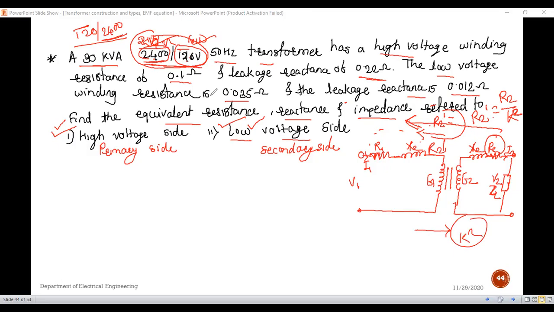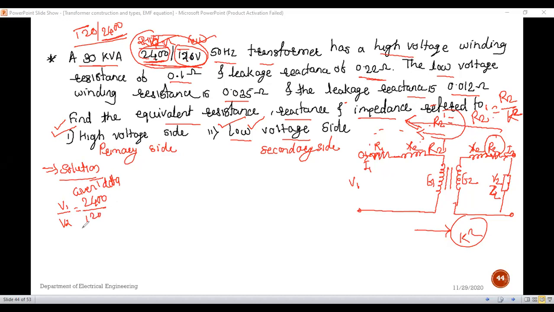Okay, see, for that we will solve this. We will write the given data. We are writing here given data. The transformation ratio or voltage ratio is given. V1 divided by V2 is equal to 2400 divided by 120.